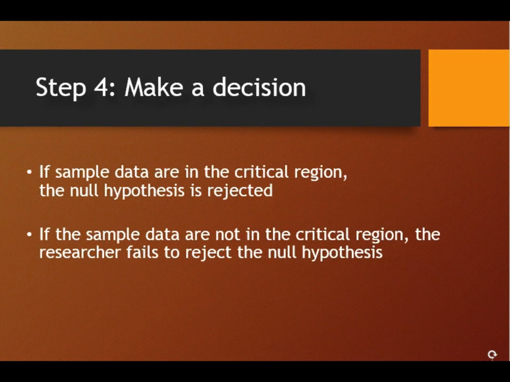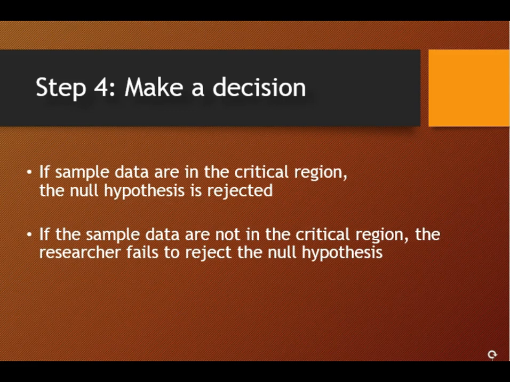Step 4. Make a decision. If the obtained z-score, the value calculated from the sample data, is in the critical region, reject the null hypothesis because it is very unlikely that these data would be obtained if the null hypothesis were true. Conclude that the treatment has changed the population mean.